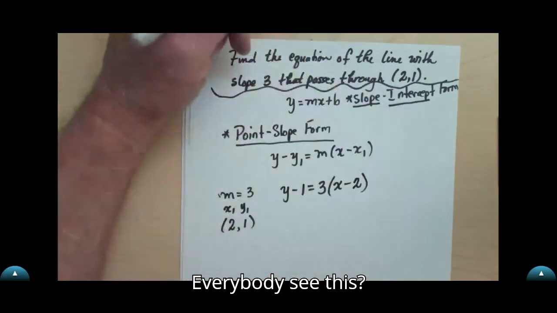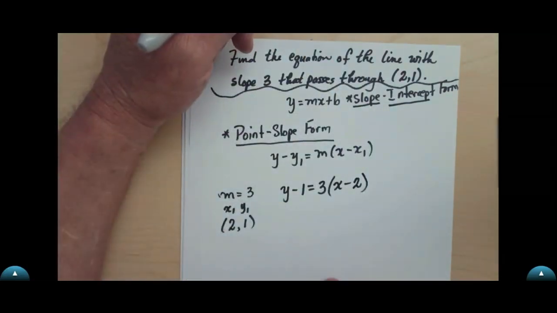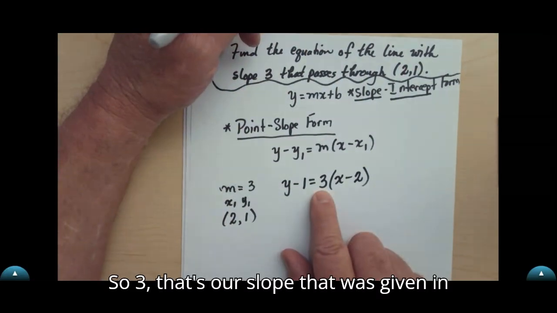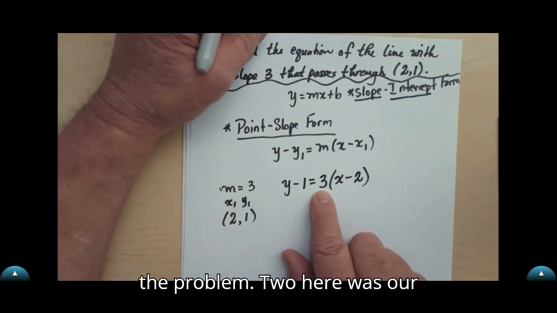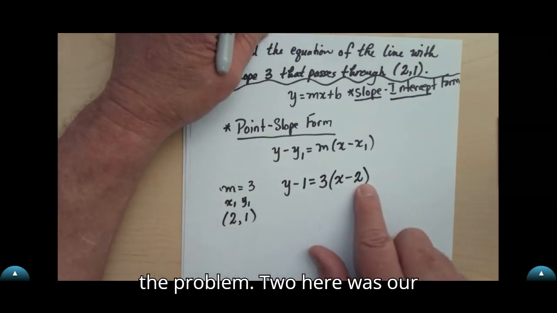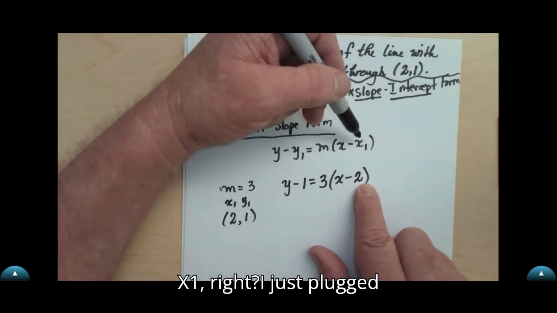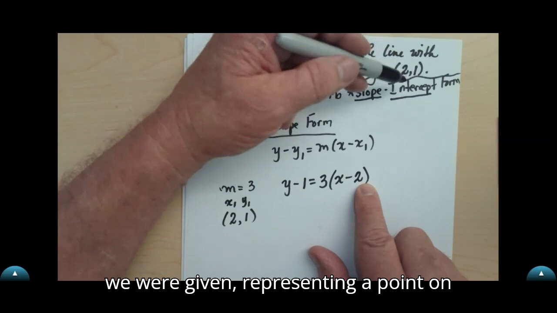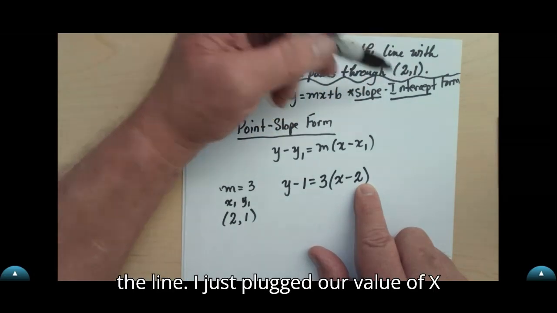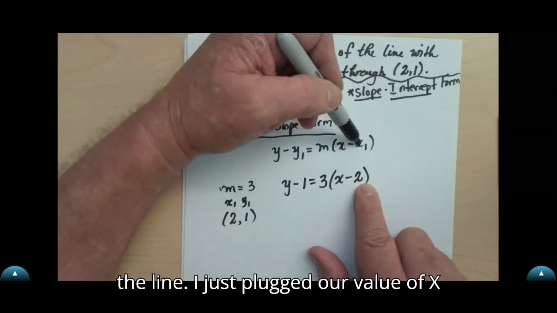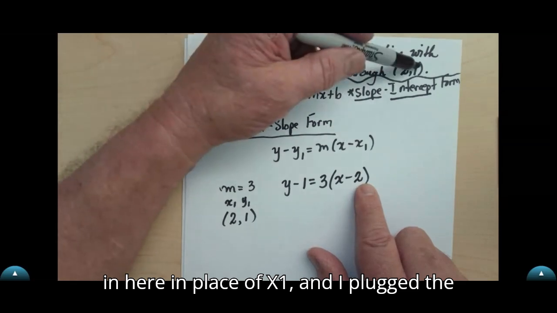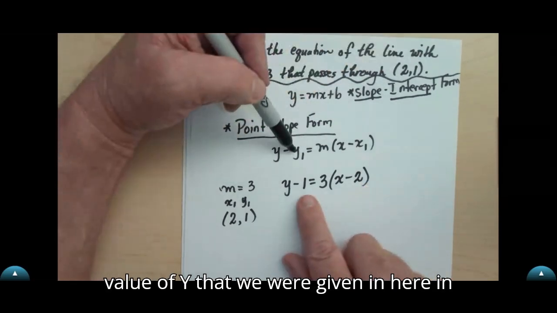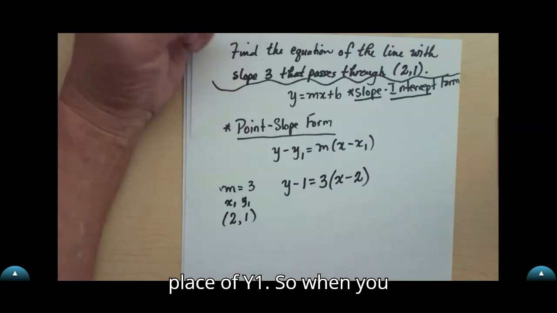Everybody see this? So 3 is our slope that was given in the problem. 2 here was our x1, right? I just plugged our value of x for the ordered pair that we were given, representing a point on the line, in place of x1, and I plugged the value of y that we were given in here in place of y1.